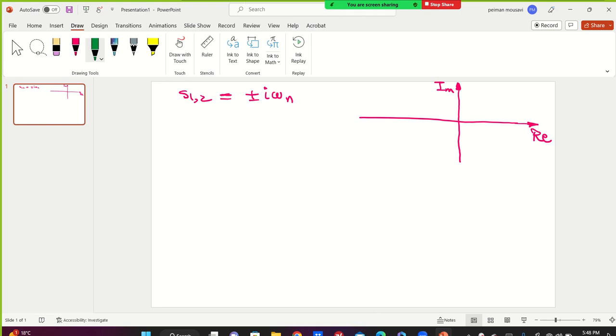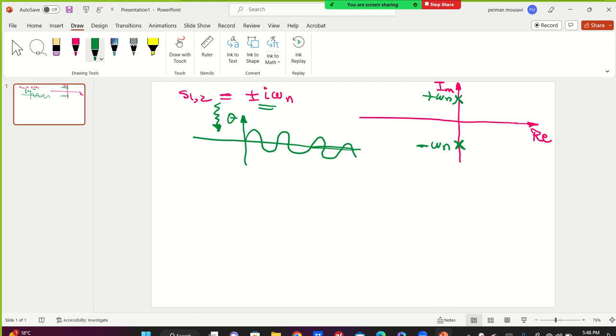So they are located here, say here, plus omega n, minus omega n. This is the pure imaginary axis. With this kind of roots or poles, we had a forever oscillating system, right? Mathematically we proved it. So theta versus time.